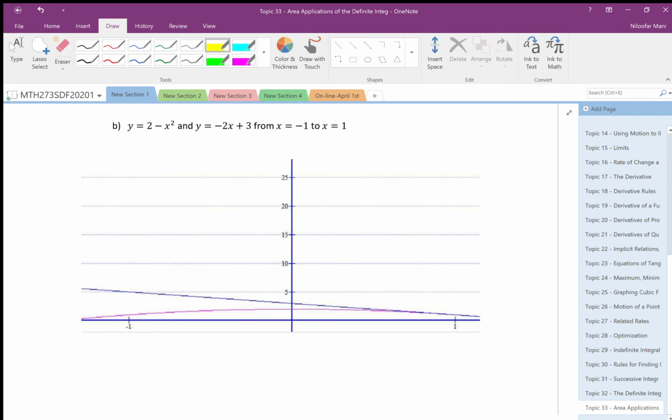Okay, so I think this one is this one, and this one is this one, the pink one, because for one of them the y-intercept is 3 and for one of them the y-intercept is 2, so the one which is lower is the one with 2.